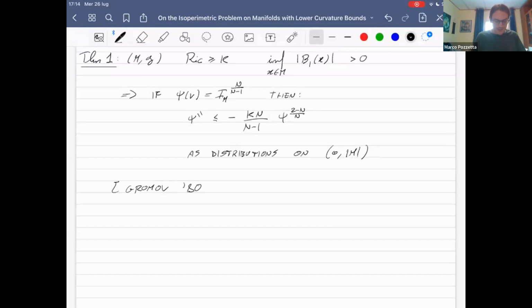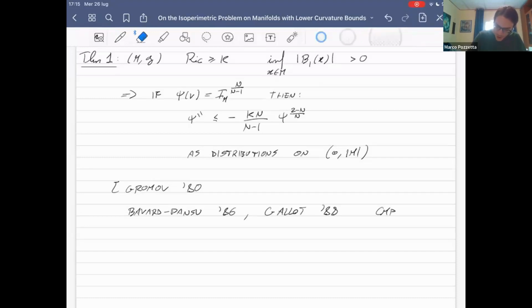So there are already some ideas coming from him. And then the first instance of this inequality was proved more or less in the same years by Bavard, Pansu in 86, and by Gallot, 88. Let's say on compact manifolds.